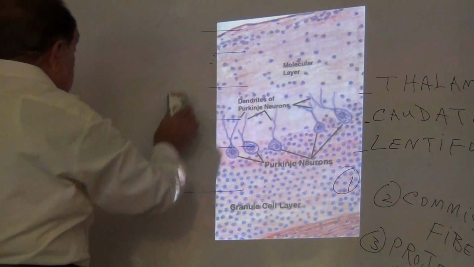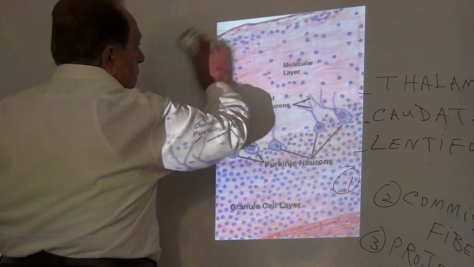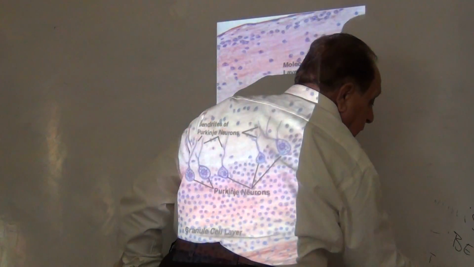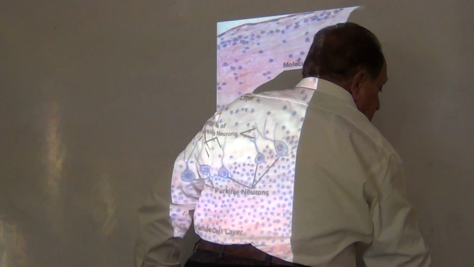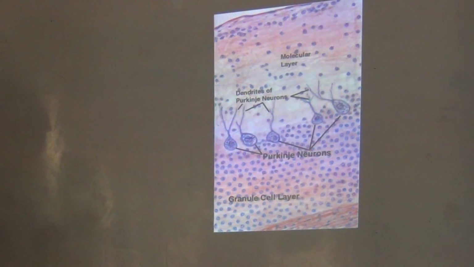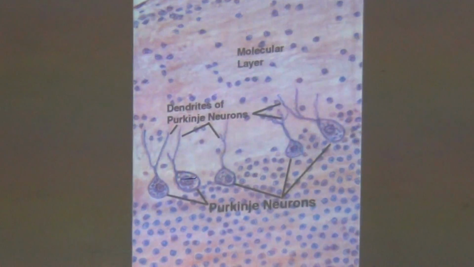Now about the cerebellar cortex. Its grey matter contains 3 layers.